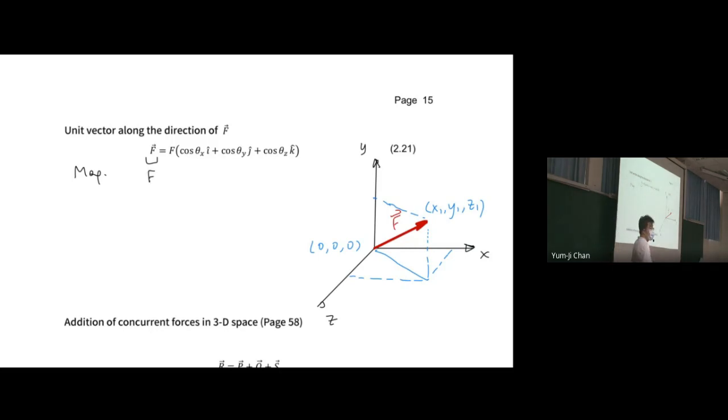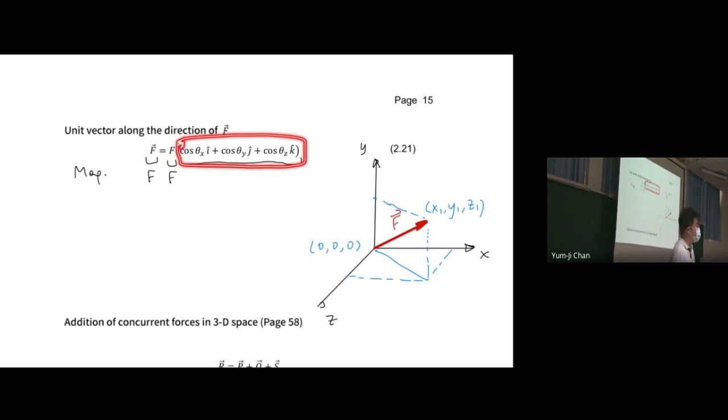And this one is, of course, a scalar with F. So what is the magnitude of this term in the bracket? What's the magnitude of these three terms together?